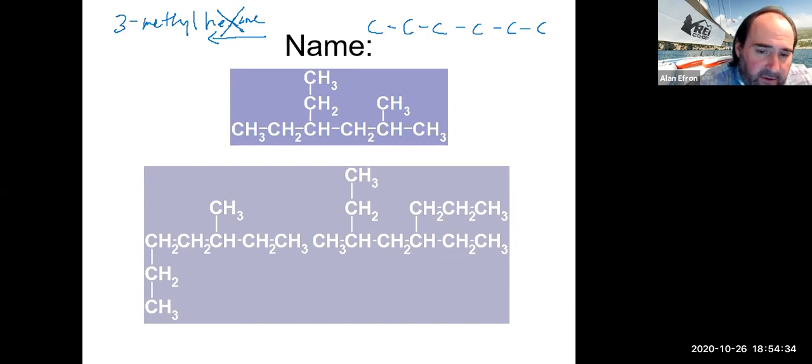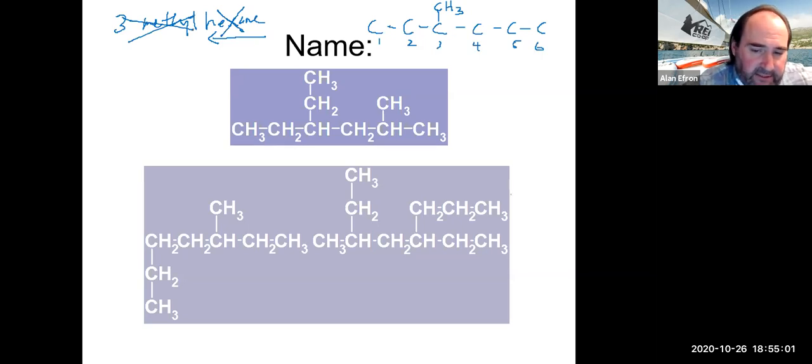The nice thing about drawing it is you can go left to right, or right to left. I'm going to go right to left and call this carbon 1, carbon 2, carbon 3, carbon 4, carbon 5, carbon 6. You could go the opposite way. That means on my drawing, at carbon number 3, I should put a methyl group, which is a CH3 group. That takes care of that.